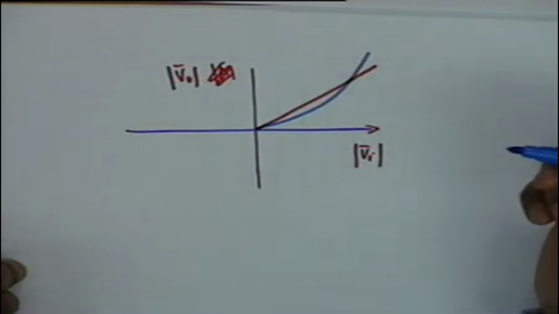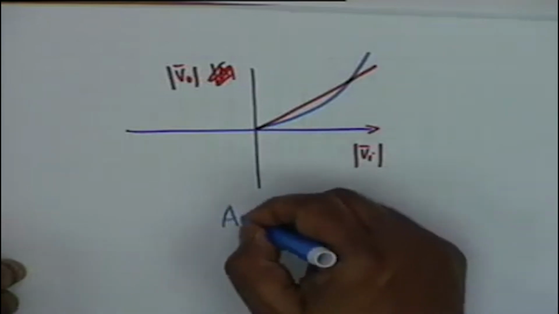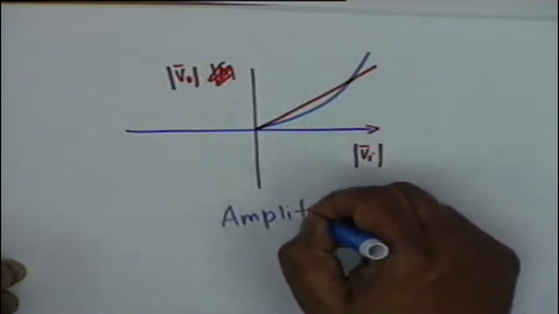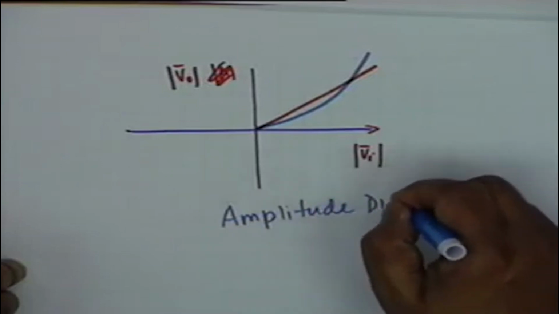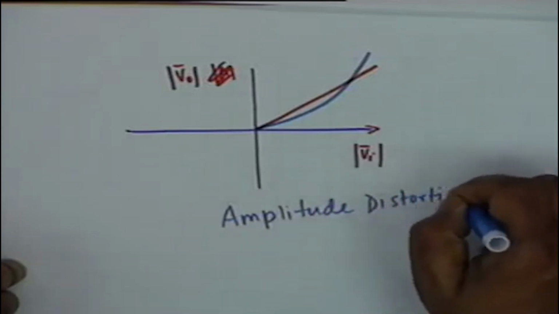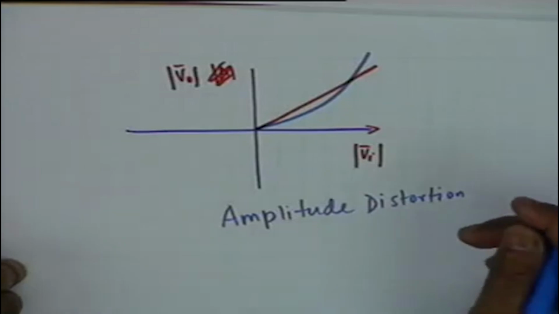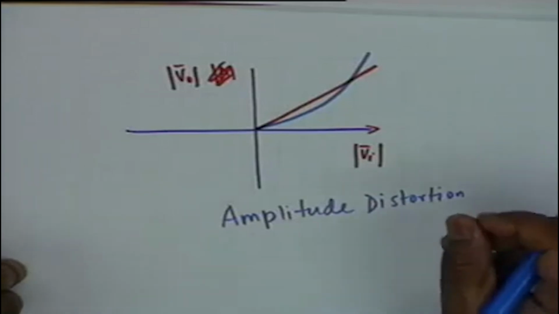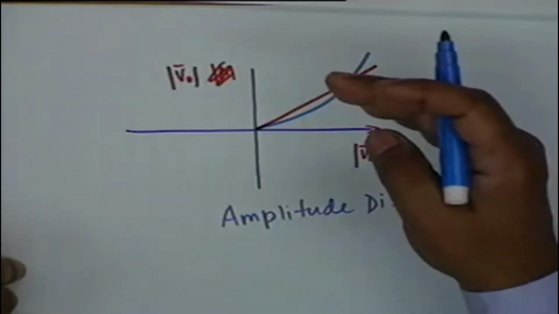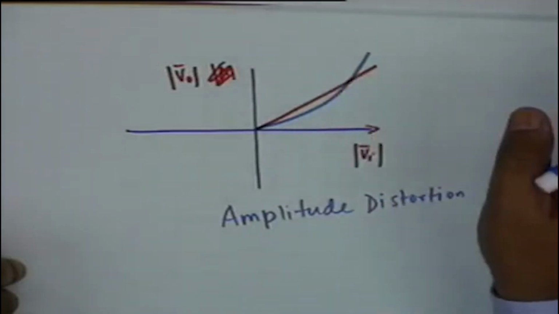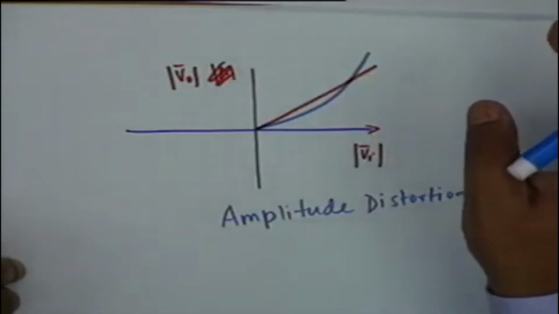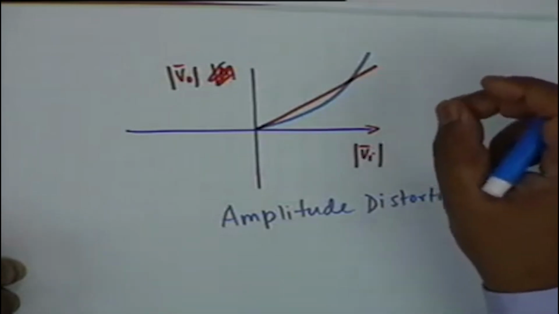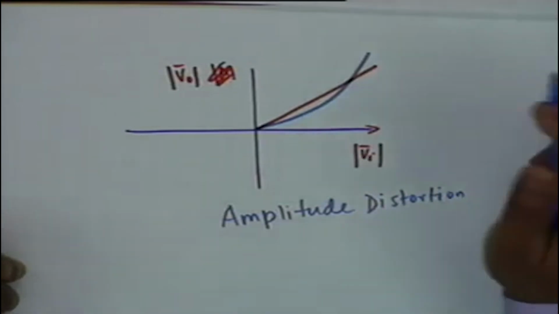Such distortion is called amplitude distortion. Is that clear? The characteristic that I want is that the output voltage should be linearly proportional to the input voltage. If this is not so, then a sinusoidal signal shall not give rise to a sinusoidal output.